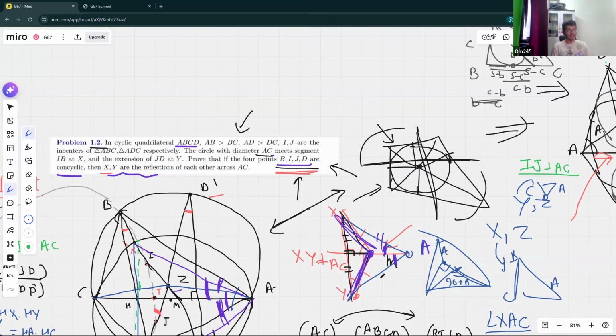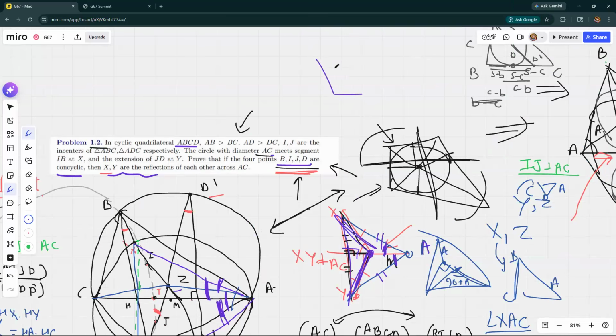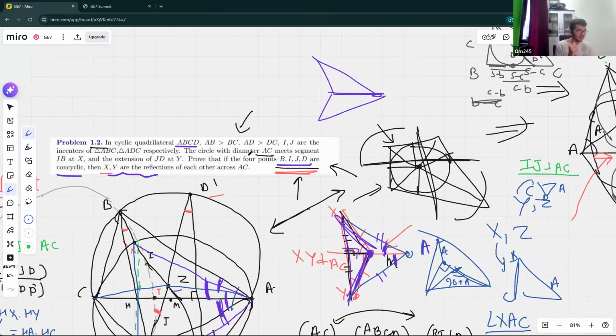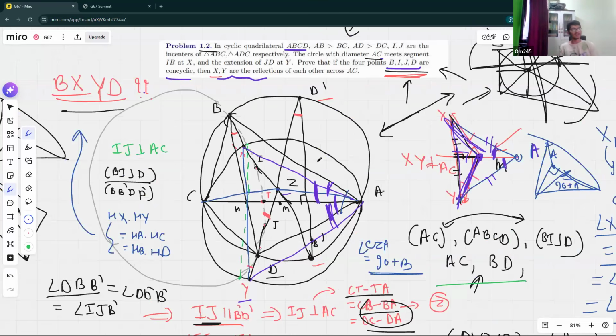Because these are also equal lengths, by similarity or something, they are reflections of each other. Yeah, makes sense, right? Yes, something like this. And that's the finish. And that's the reason we need the incenter Z, because Z is on the angle bisector.